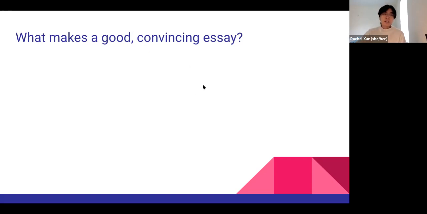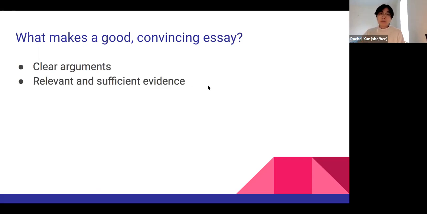So on the SAT, they believe that a good essay has clear arguments, so that clear thesis, clear introduction, relevant and sufficient evidence. This is evidence that supports the claim that you made, and then like Laurenique said, organization and structure.